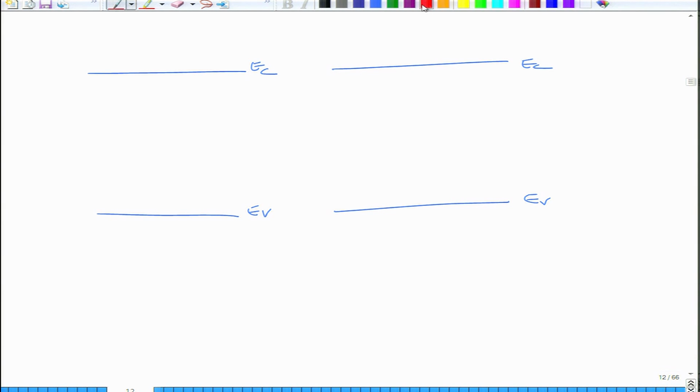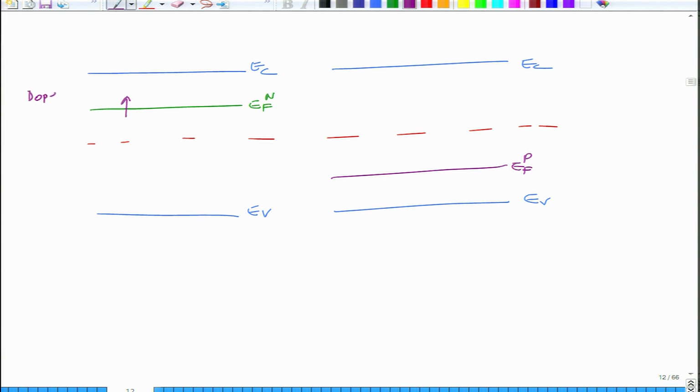For an N type semiconductor, if this is the intrinsic level, the Fermi level is somewhere here, and for P type the Fermi level is somewhere here. This Fermi level keeps shifting upward as you dope more and more.